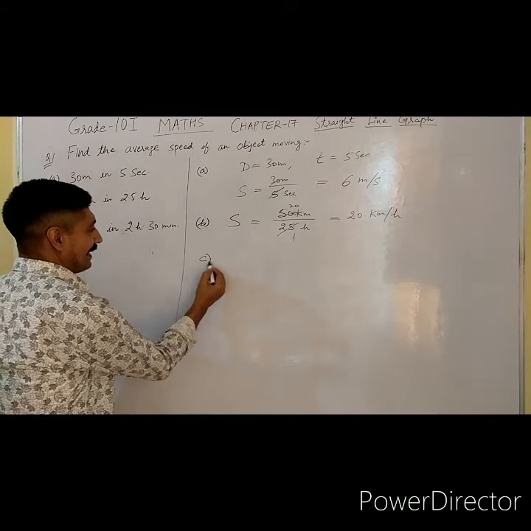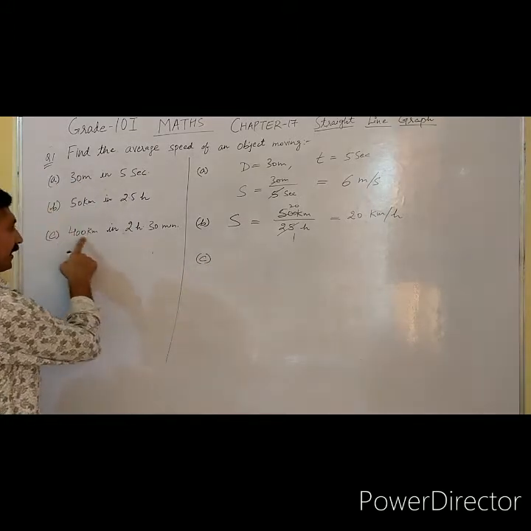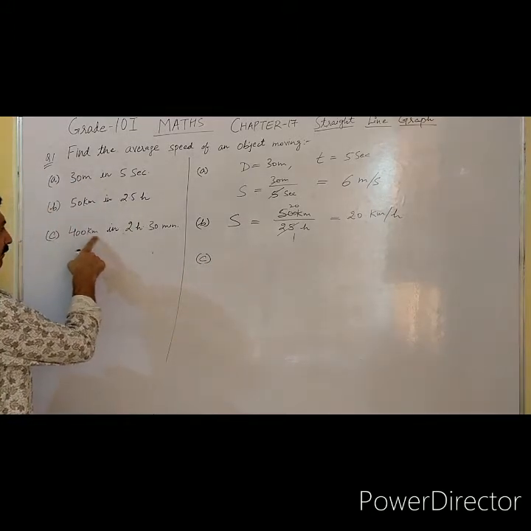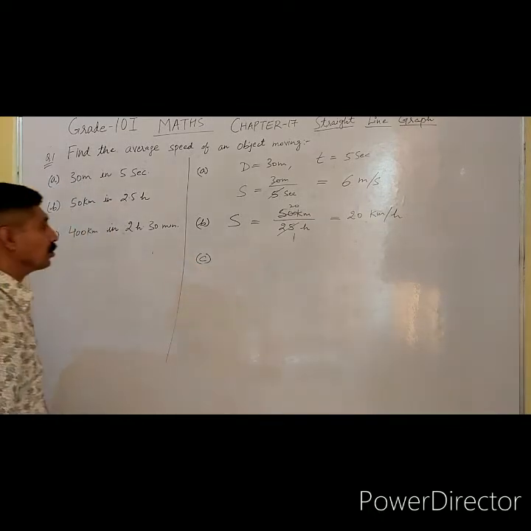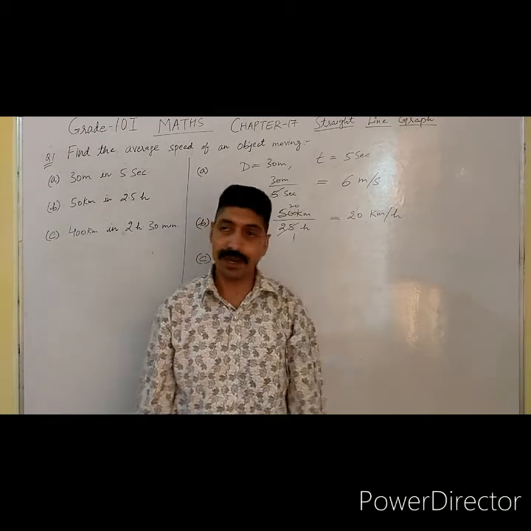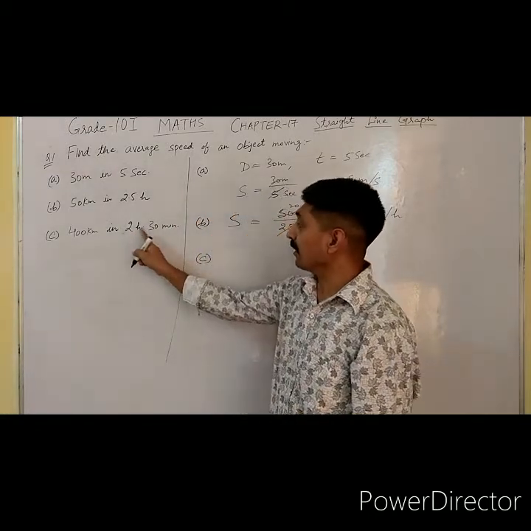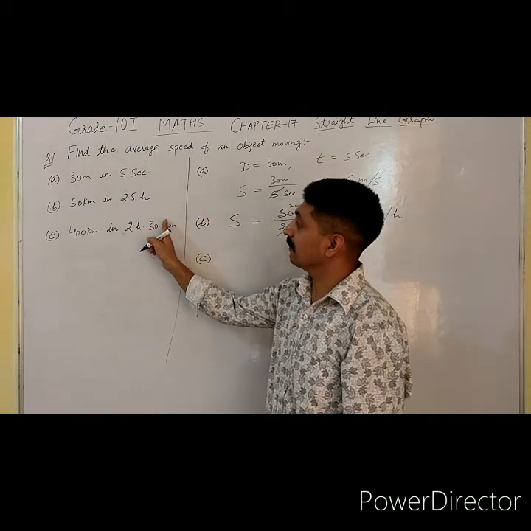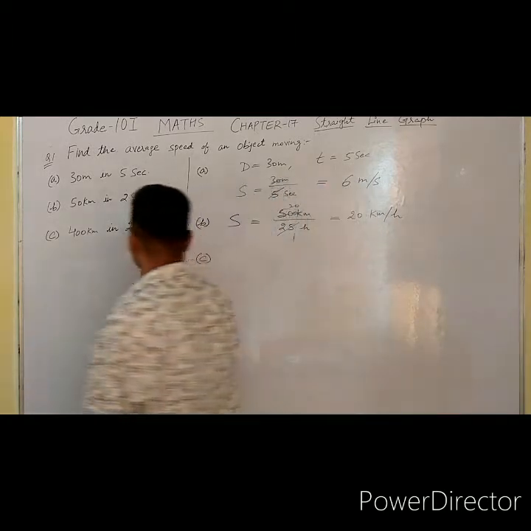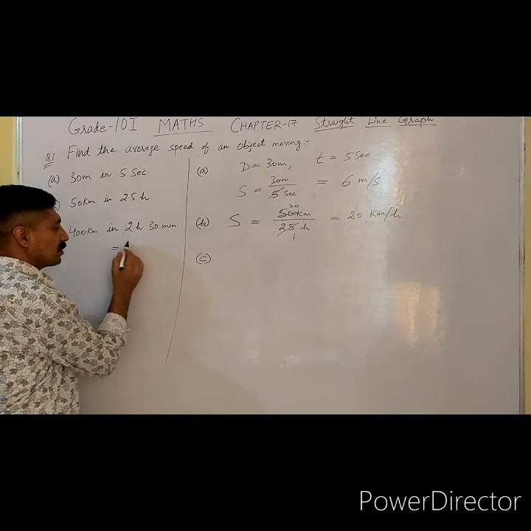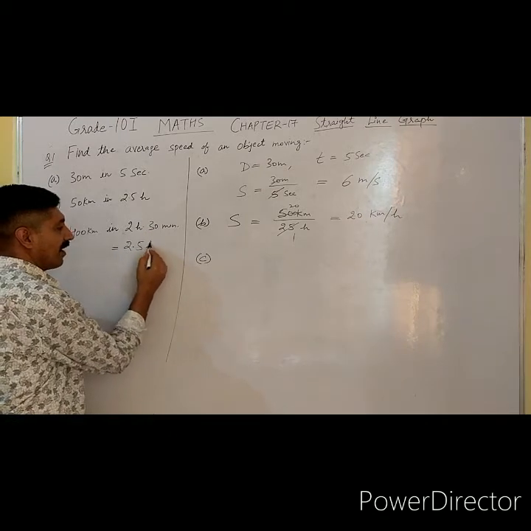And the last part, here again we have 400 kilometers in 2 hours 30 minutes. So we need to convert 30 minutes into hours. We can write that 2 hours 30 minutes is equal to 2.5 hours.